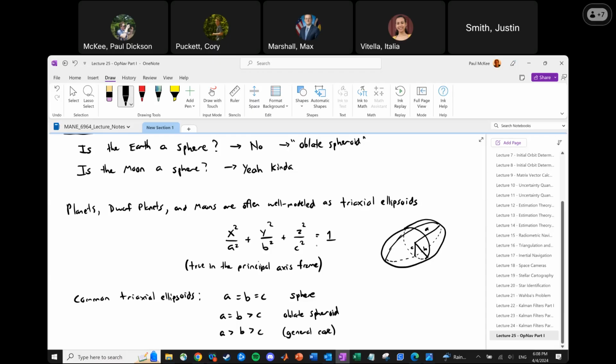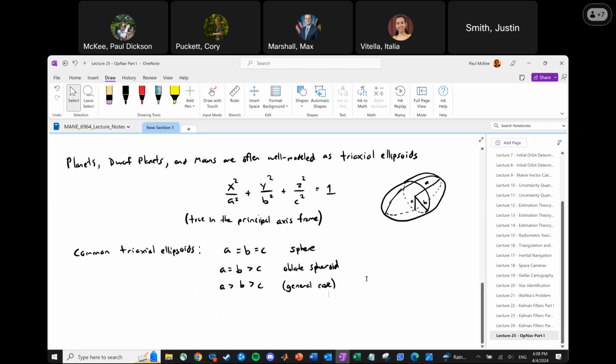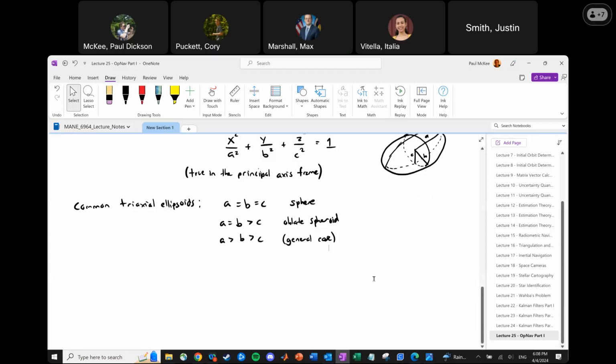So now here's some neat tricks that we can play with triaxial ellipsoids. Let the point P lie somewhere on the ellipsoid's surface.